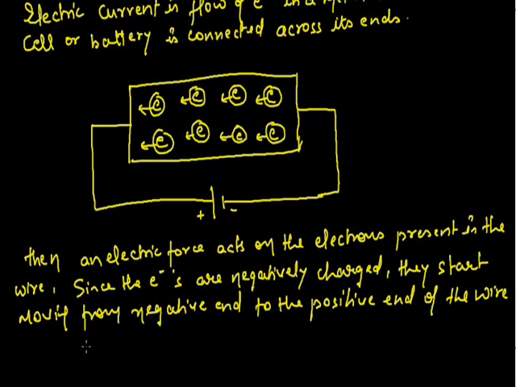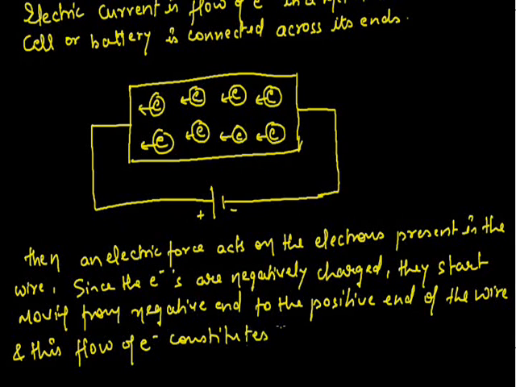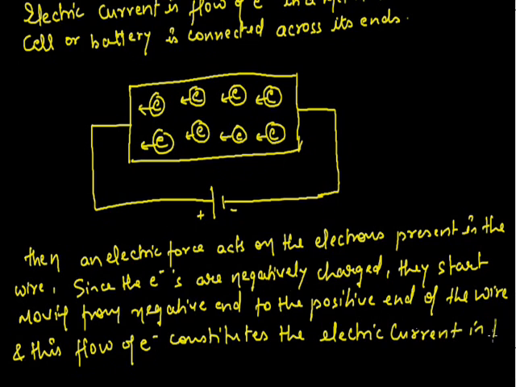And this flow of electrons constitutes the electric current in the wire.